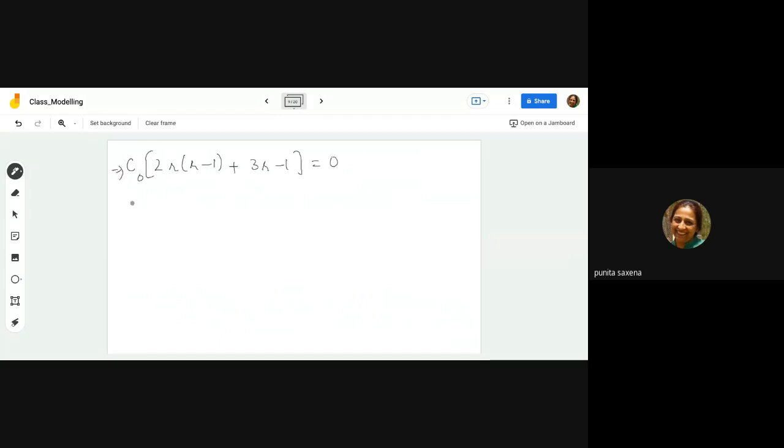But c naught is not 0, so you are going to get 2r squared minus 2r plus 3r minus 1 equal to 0. So you're going to get some values of r again from here, and this is the same as your initial equation.